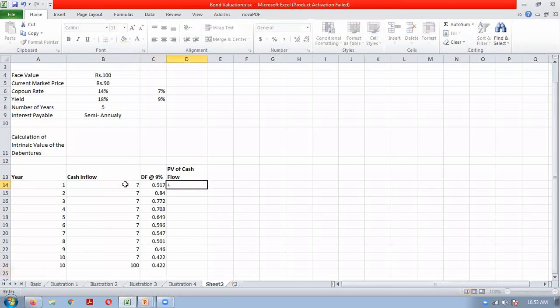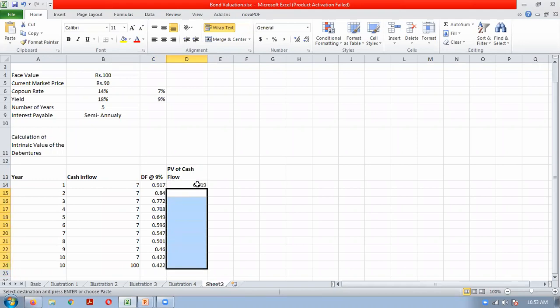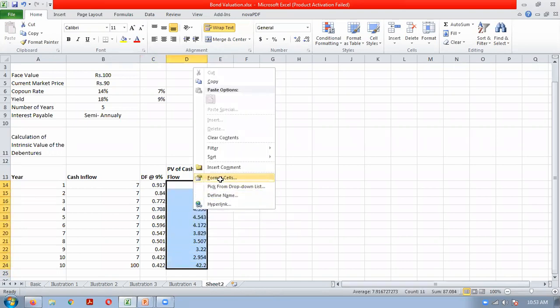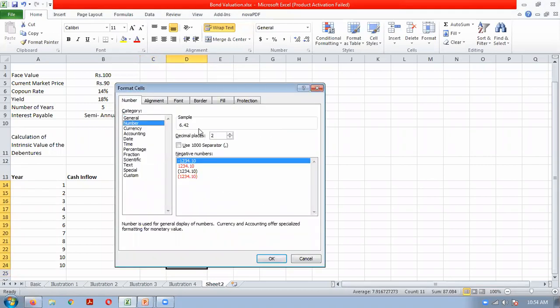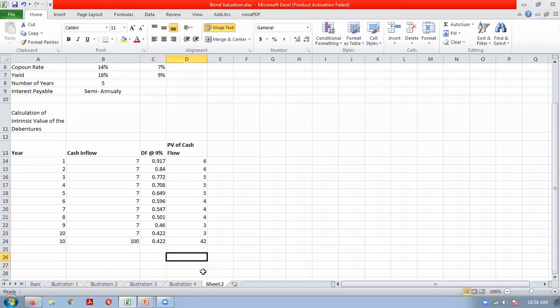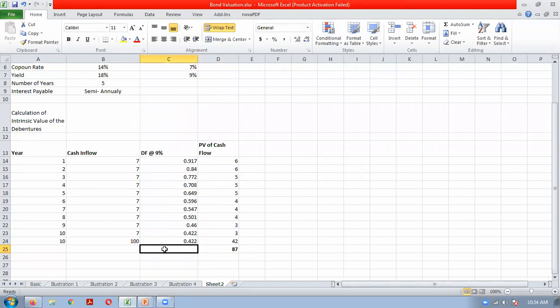Present value will be cash inflow into discounting factor. So if we do the total, we will get the intrinsic value of the debenture as 87 rupees.